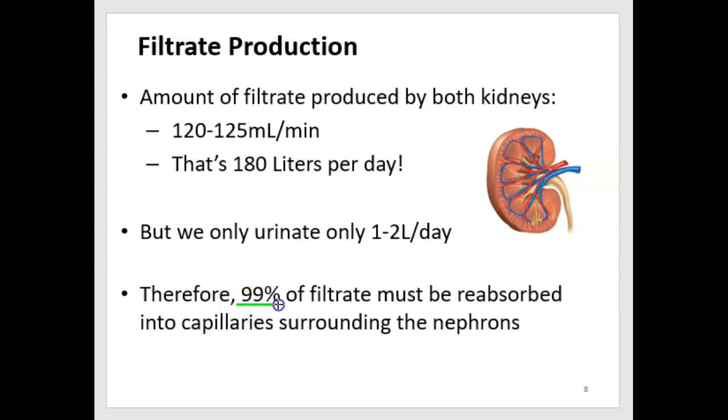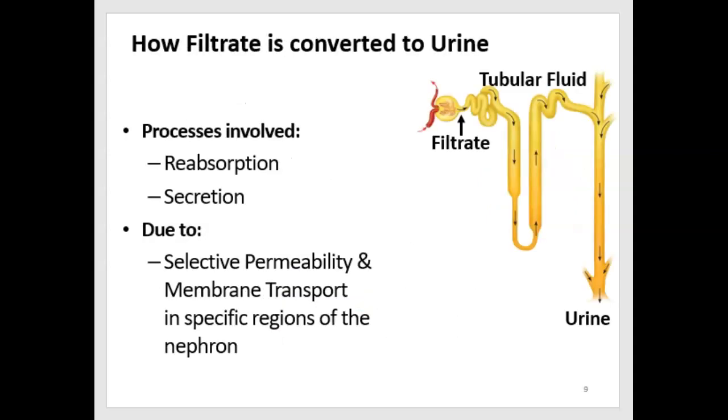Most of the time, 99% of what has been filtered out of the blood has to be reabsorbed from the nephron back into the capillaries. Whatever that 1% of filtrate that's left is going to be the urine. So the filtrate has to be converted into urine. And the processes involved with that are reabsorption and secretion, which we've already talked about.